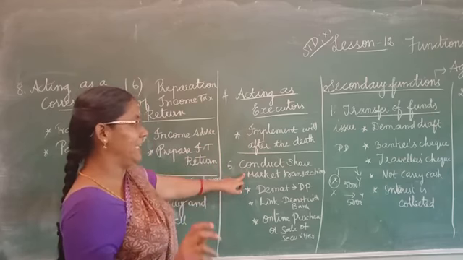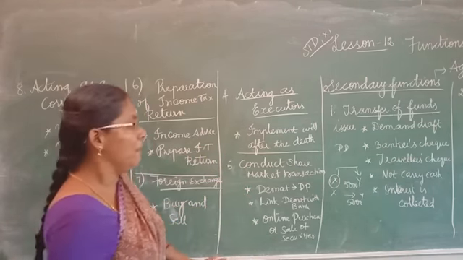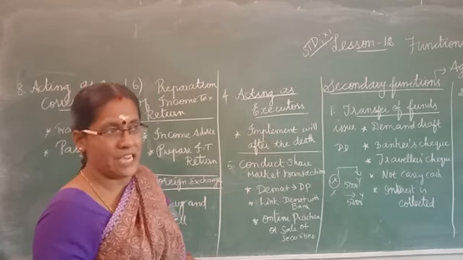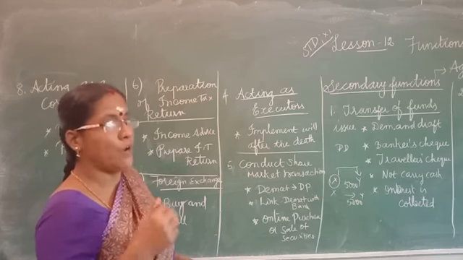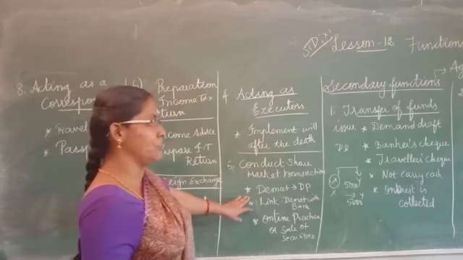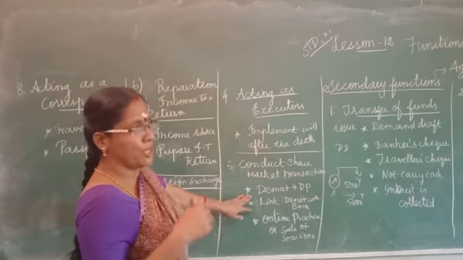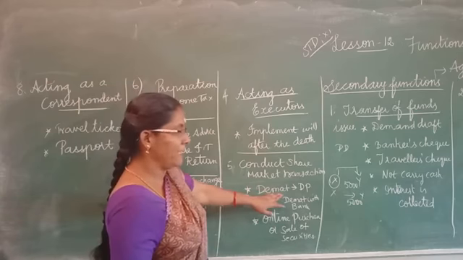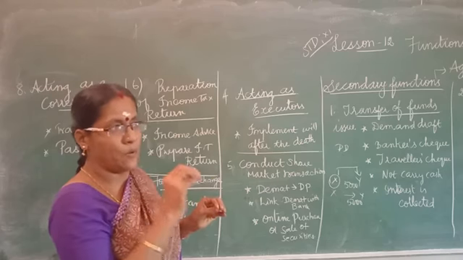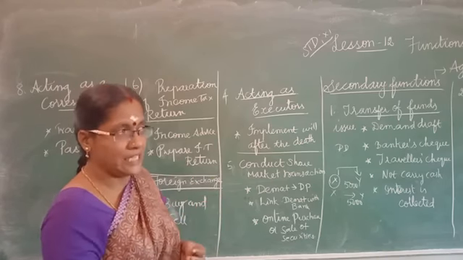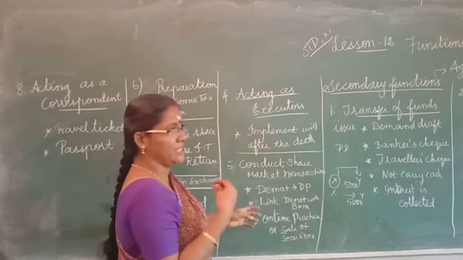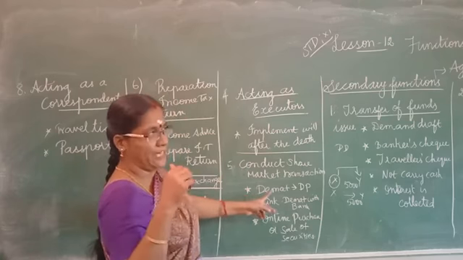Then the banker will conduct share market transactions. If you want to deal with shares, you have to open a demat account, a dematerialization account. Along with this chapter, you are also going to learn this in the first standard. Similarly, as we open a bank account to have dealings in the bank, if you want to purchase and sell shares, you have to open a demat account.